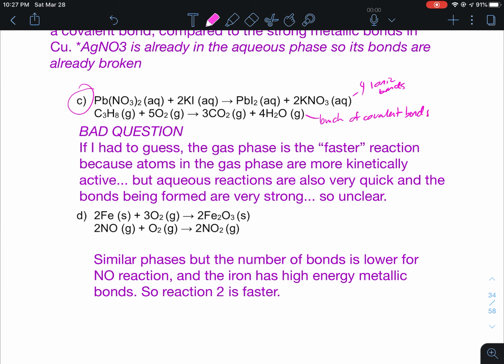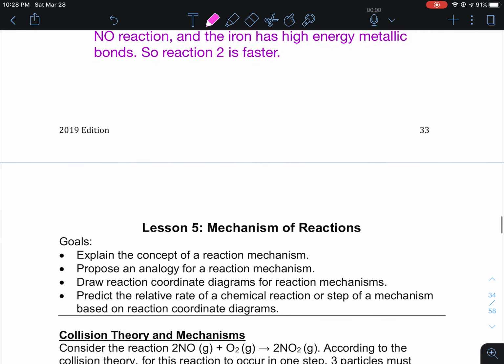So we did say in the earlier instructions that if we had to compare, and if we read the notes carefully, they do say that we should always go by bonds first. So bond type first. So this is the faster. And then we should compare phases later. So let's just write a little cheat sheet here.